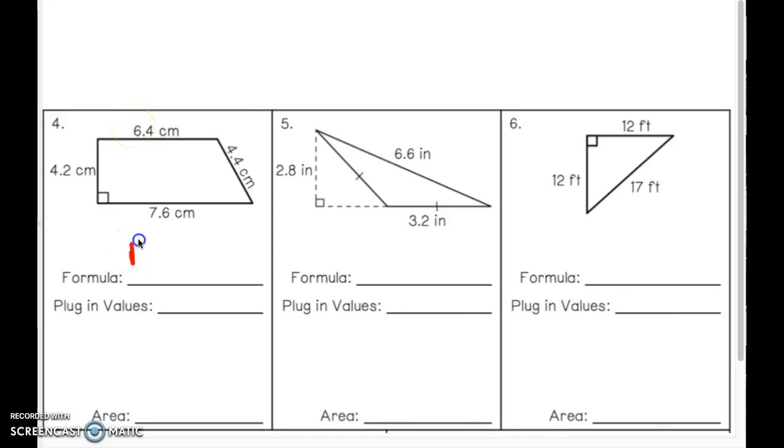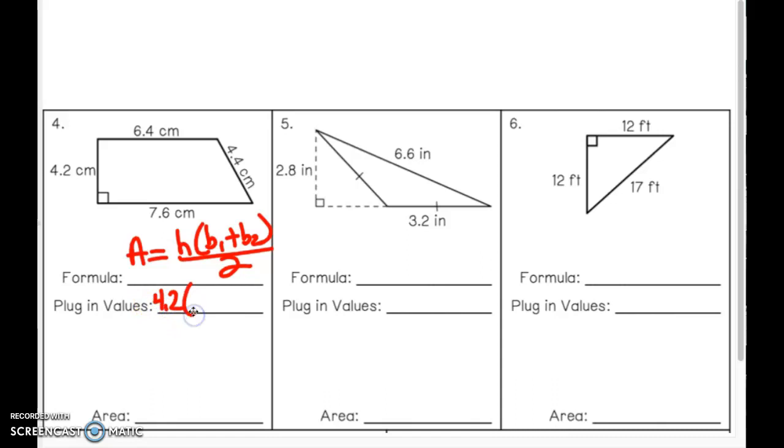So, the formula is area equals the height times base 1 plus base 2 divided by 2. It really is, and I can't stress this enough, really important to write the formula first so you can see what you have to put in place of. So the height, right angle, is 4.2.